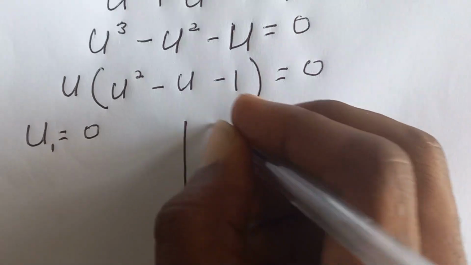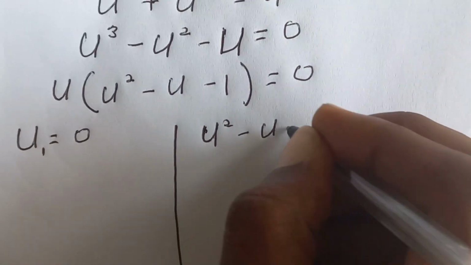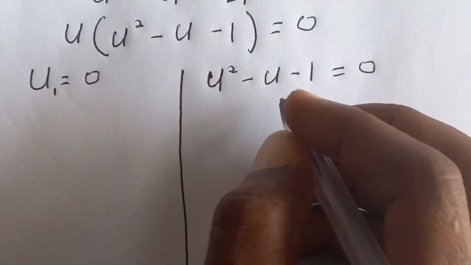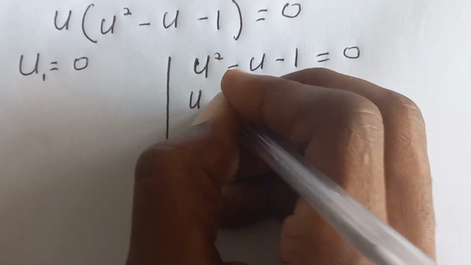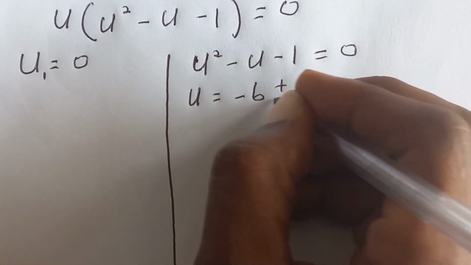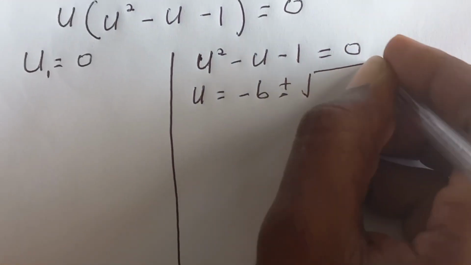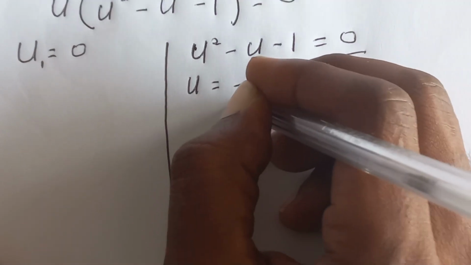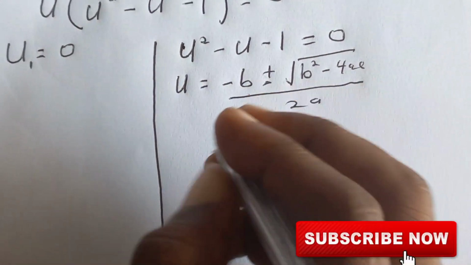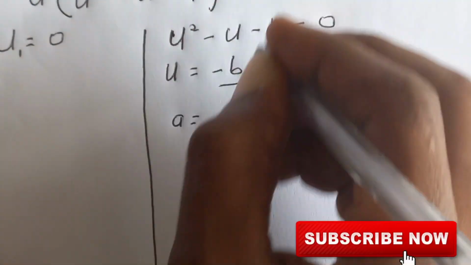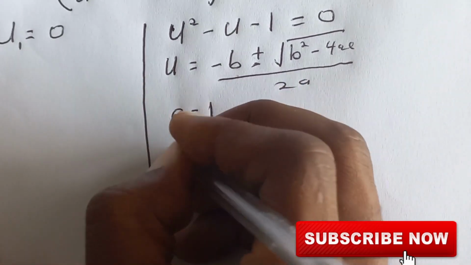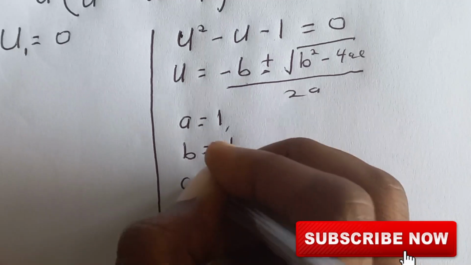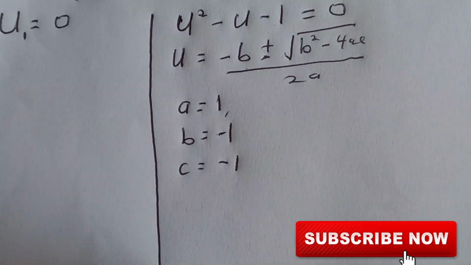let's look at this: u squared minus u minus 1 is equal to 0. With this, we say that u is equal to minus b plus or minus root of b squared minus 4ac on 2a. So our a from here is 1, our b is negative 1, and c is also negative 1.